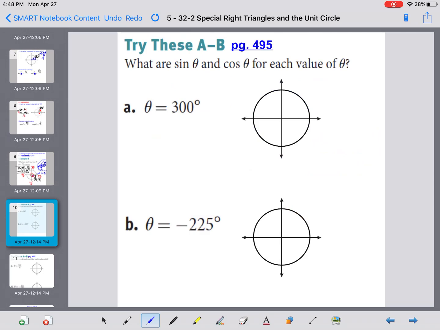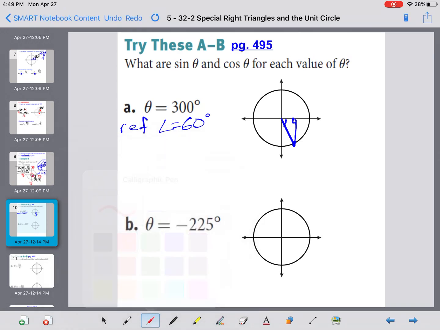Okay, so 300 is down here in quadrant 4. So the reference angle I'm using is 60 degrees. Because if that's 300 degrees, then I have 60 degrees left to get back to the x-axis.